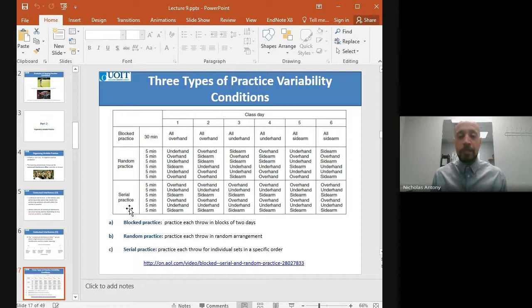Oh, and ultimate frisbee. Okay, so Samantha's talking about ultimate frisbee. 10 throws, the same throw until you have done. That might be random actually. So how many different types of throws are there? And is the order that you're doing it the same every practice?